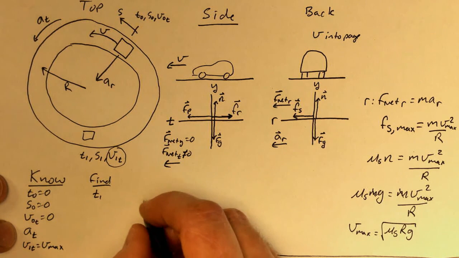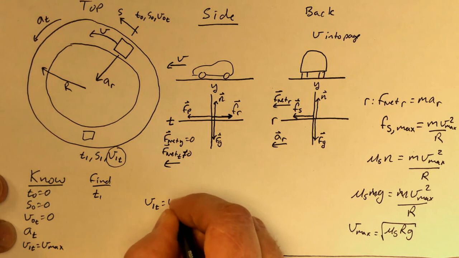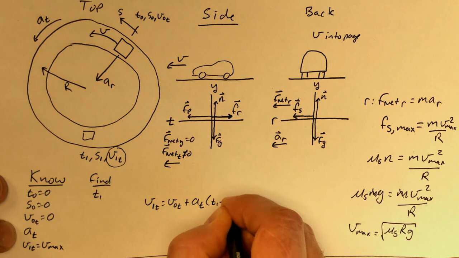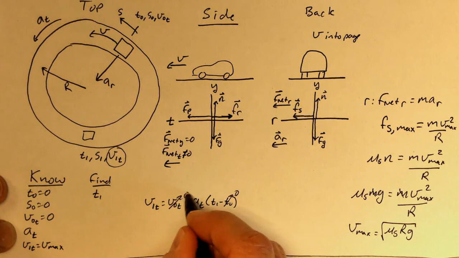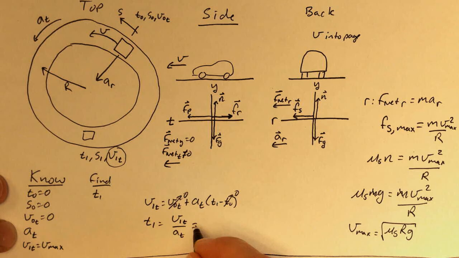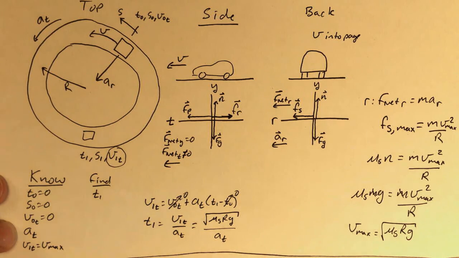Well, I can just use the definition of acceleration written this way: v1t equals v0t plus at times (t1 minus t0). That's 0. This is 0. And I can solve for t1, just the final speed over the tangential acceleration, and that is sqrt(mu_s r g) over at.